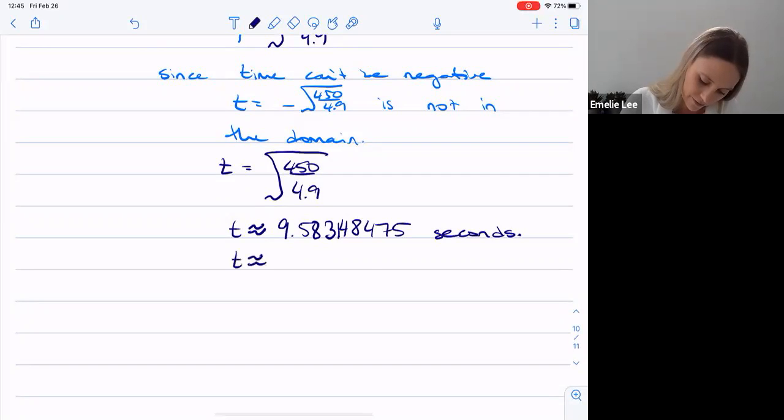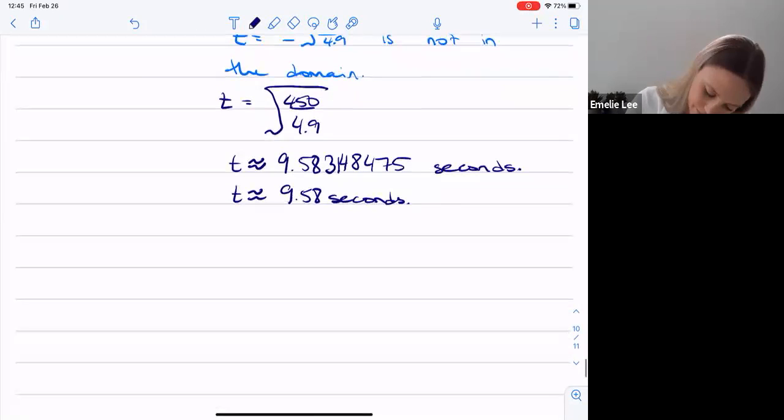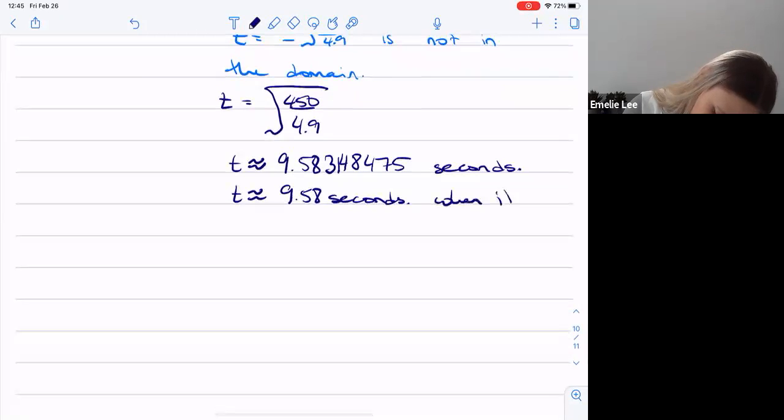So t is roughly 9.58 seconds when it hits the ground.